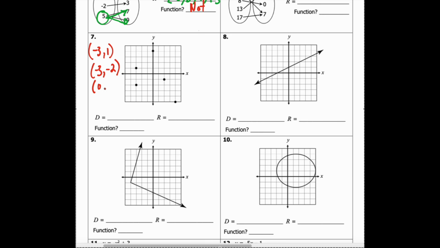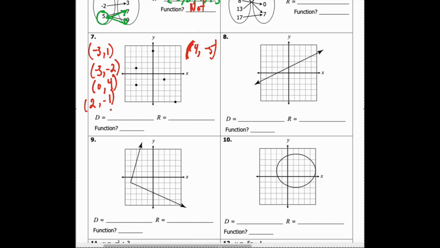Then we have 0, comma 4. And then we have 2, comma -1. And the last one is the point at 4, 1.